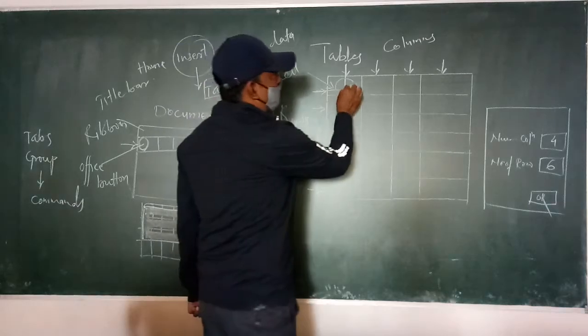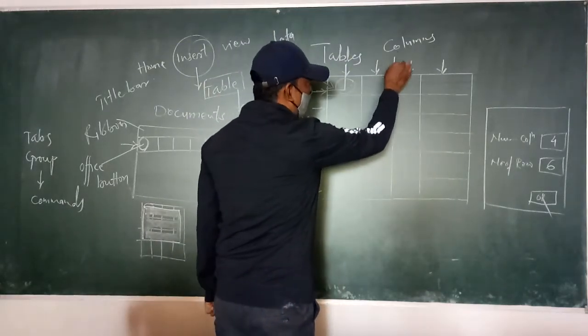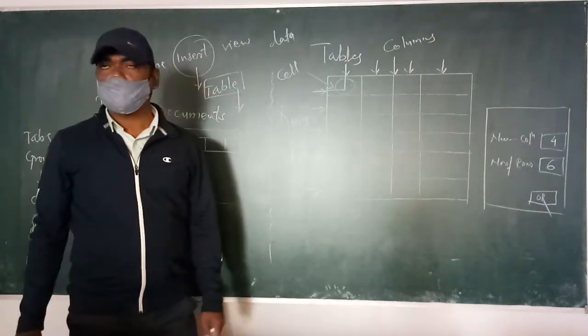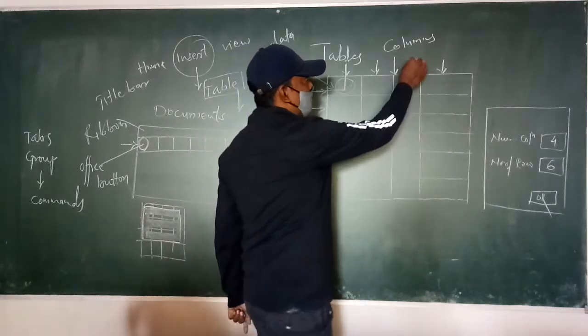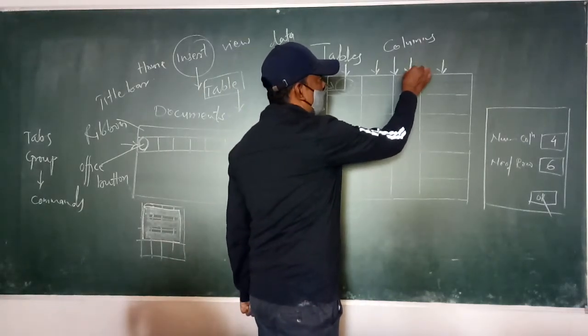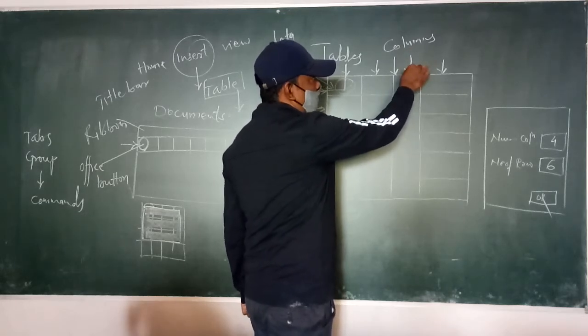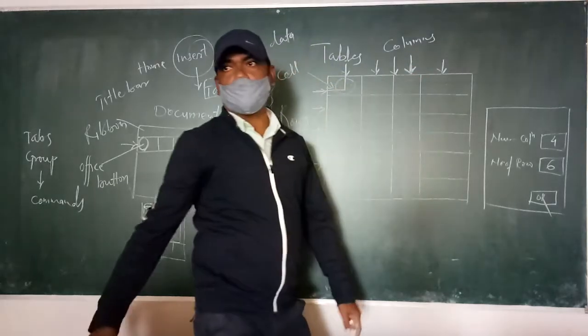So this is the first column, second column, third column, fourth column. If you want to add a new column between these two columns, first select this column. How to select this column? Move your pointer to the top of this column and then click, so this column will be selected.